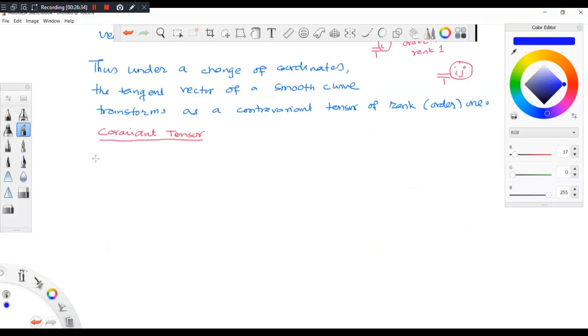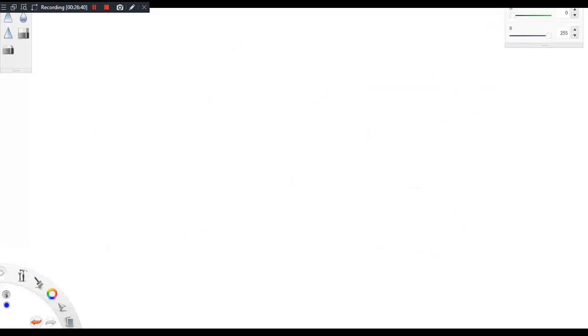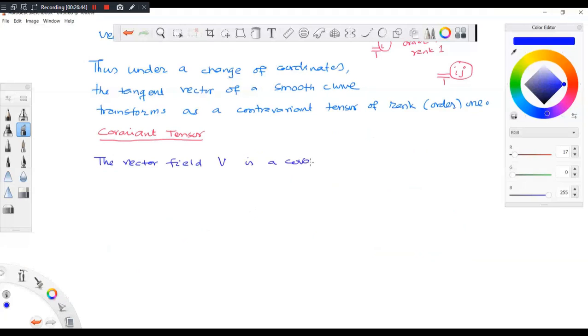The vector field V is a covariant tensor of rank 1. Another name for this is covariant vector. A tensor of rank 1 is also called a covariant vector.